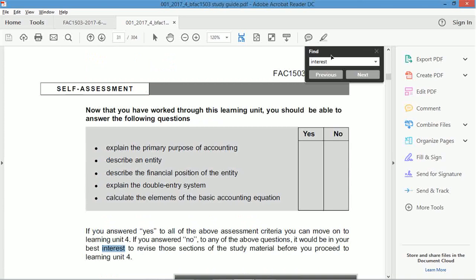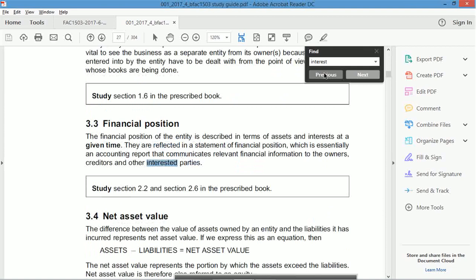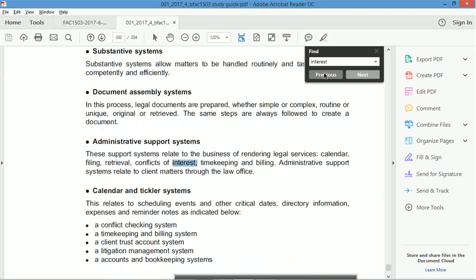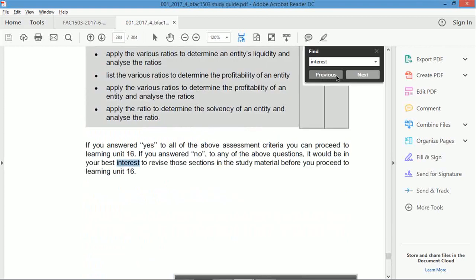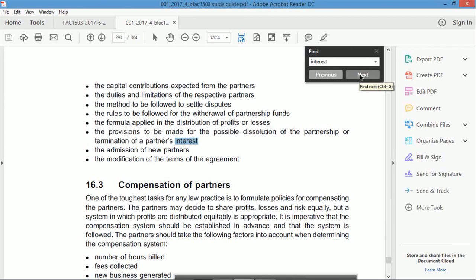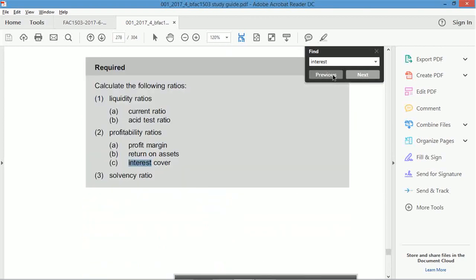I think you need to go because you're right. We're right at the beginning, yeah. There we go. Provision to make a possible dissolution. Okay, no. I think maybe look at the Act.